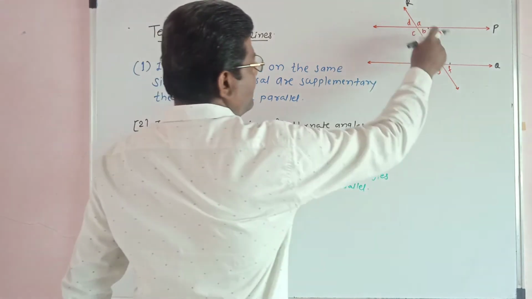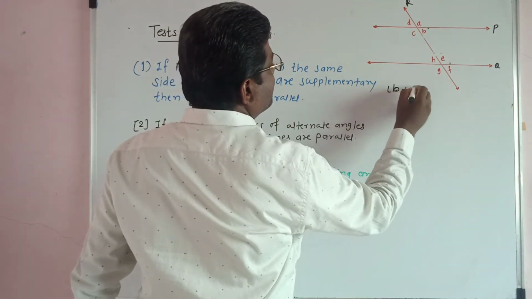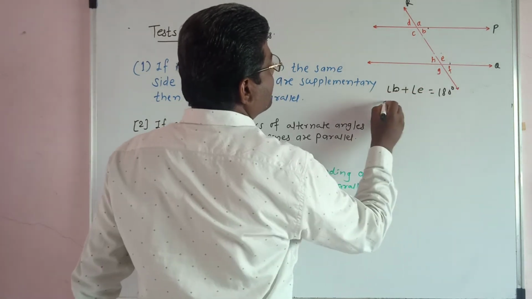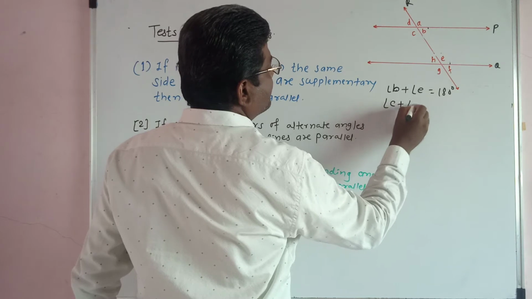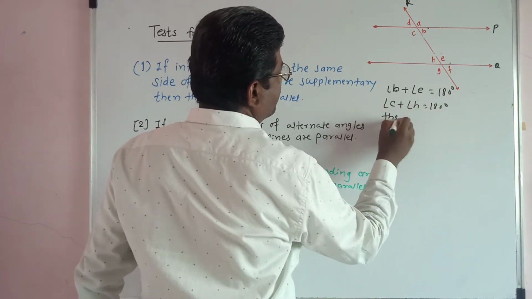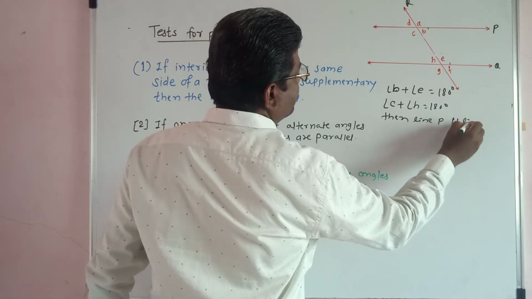Here angle B and angle E are interior angles. Angle B plus angle E is equal to 180 degrees, or angle C plus angle H is equal to 180 degrees, then line P parallel to line Q.